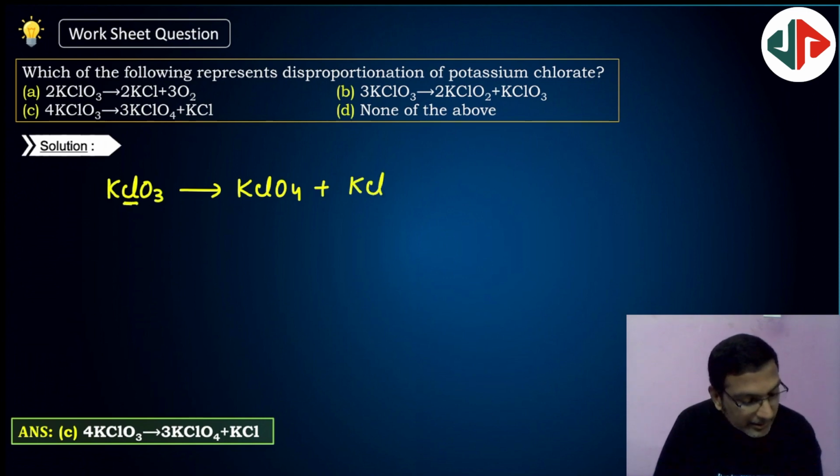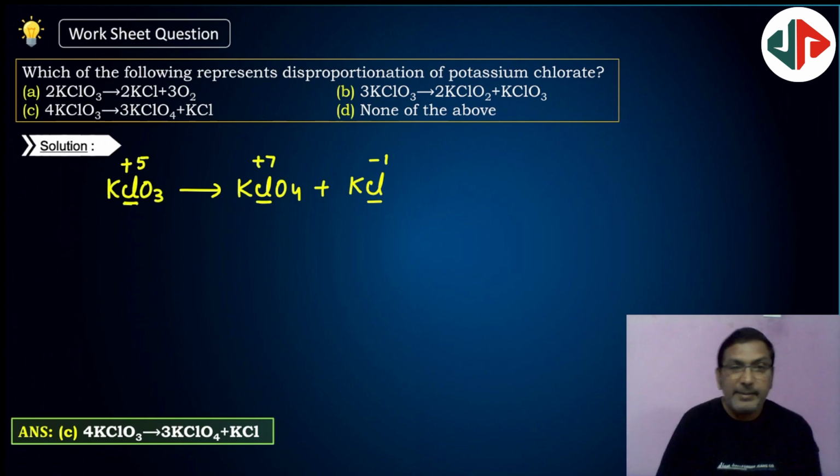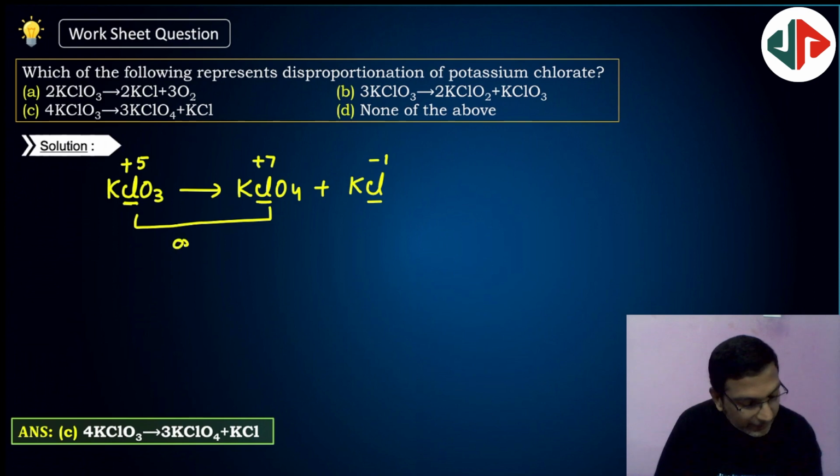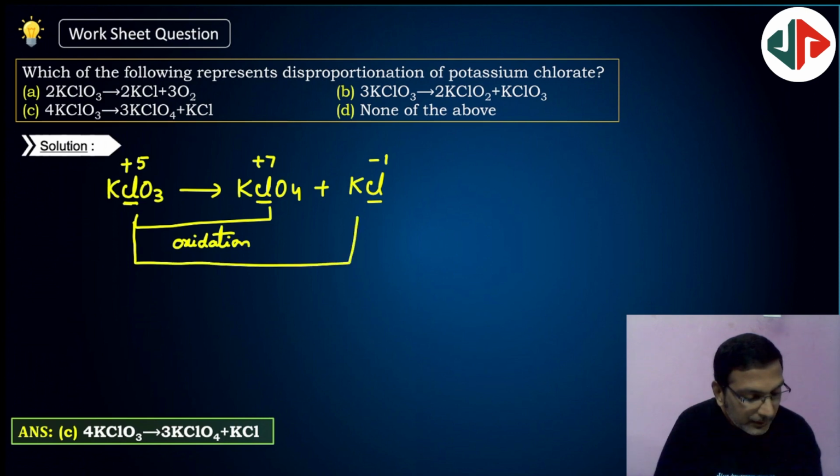So here Cl oxidation state, here plus 5, here plus 7 and here minus 1. So same substance undergoes, see here, plus 5 to plus 7 oxidation and plus 5 to minus 1 is reduction.